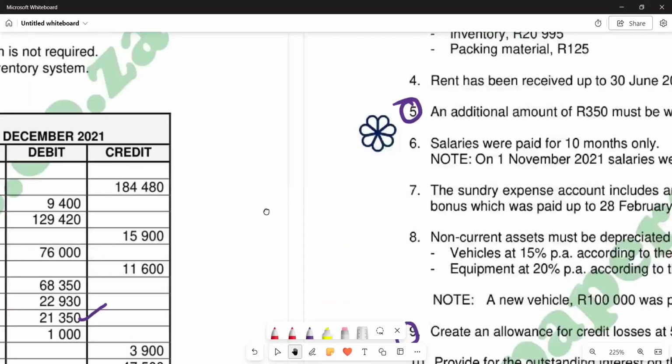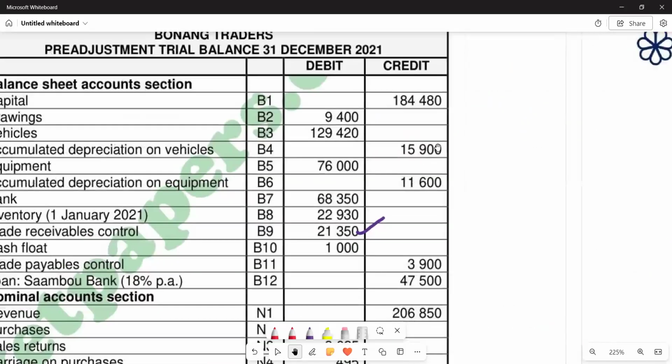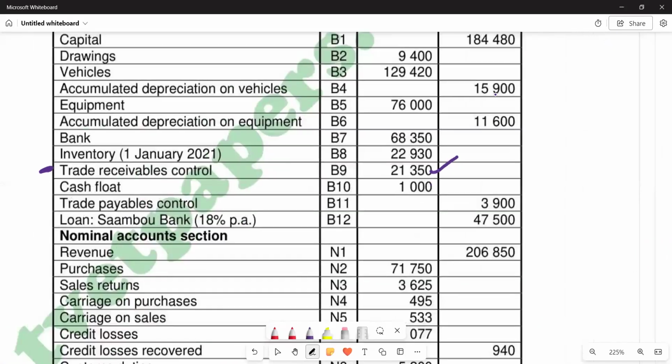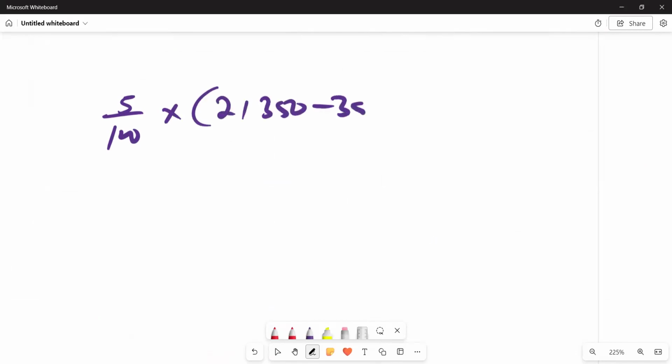So if you come here, you'd see that the 350 that is further written off, we subtract from 21,350, and then the net figure that we get, we calculate 5% of it. So 5%, which is 5 over 100, multiplied by the net figure, 21,350 minus the further 350 that was written off.